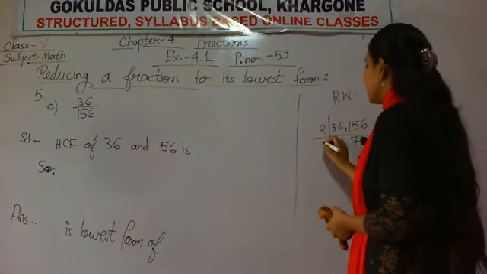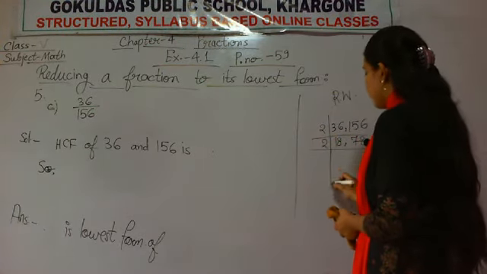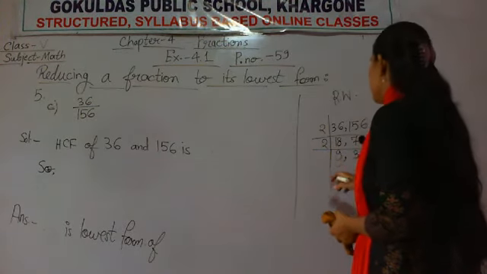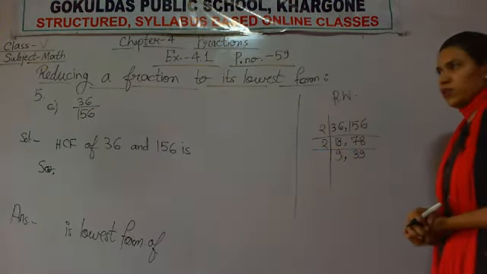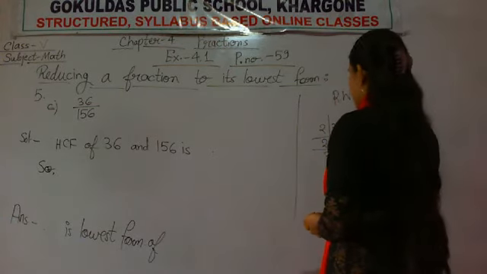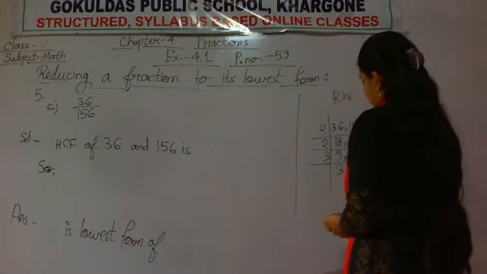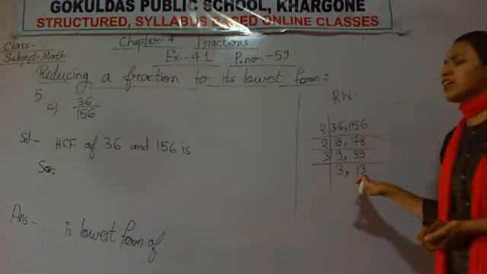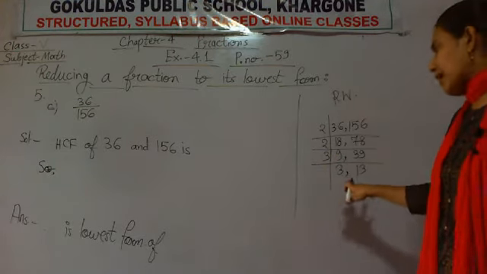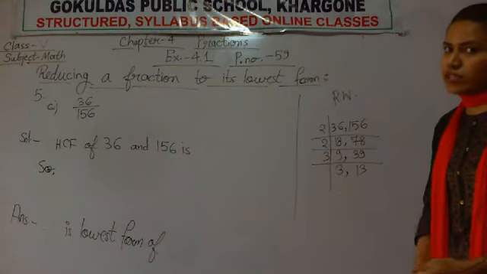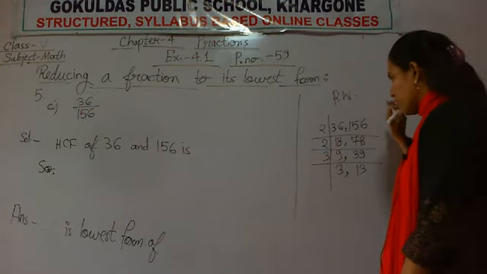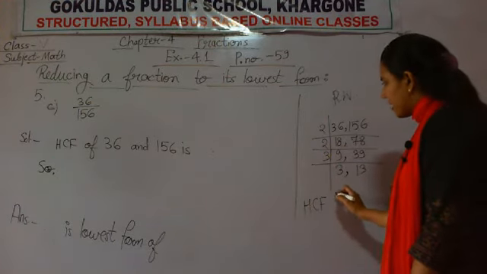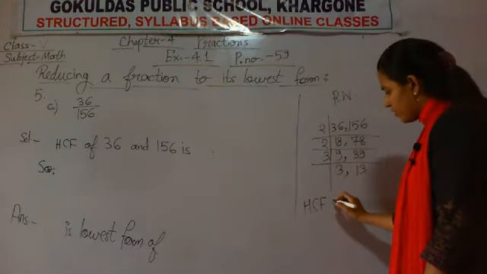Now 18 and 78 are even, so I can divide by 2. Now 9 and 39, both are divisible by 3, so I am using 3. Now 3 and 13, both are prime numbers which are not divisible by a common number, so we will stop our division process here.